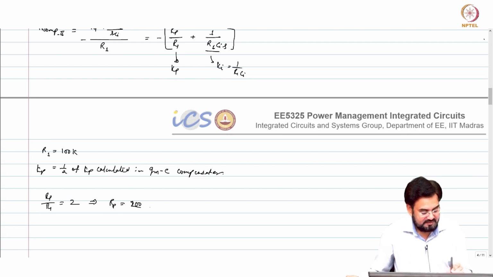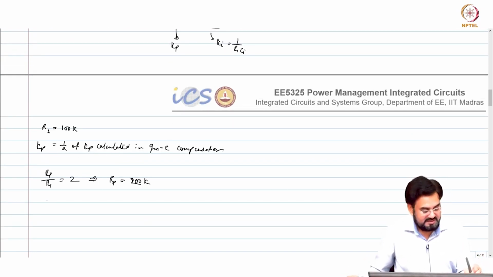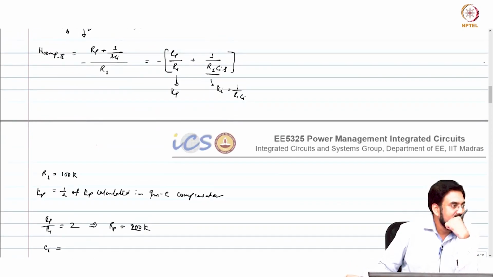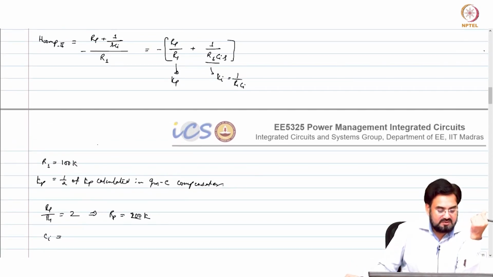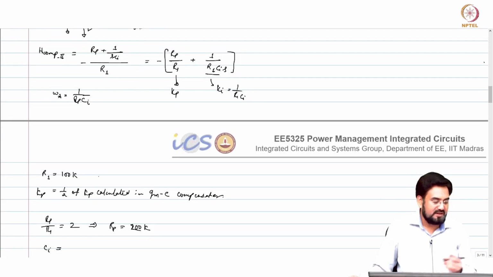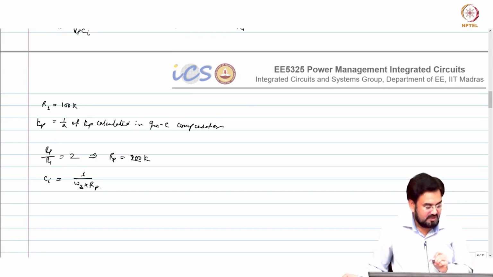R1 is known, 100K, so RP equals how much? 200K. Any confusion? What is Ci? You know the location of the zero. What was the location of the zero? Omega naught by 2. And omega z is 1 over RPCI. So from here you can calculate; RP you have already calculated. So what is Ci? 1 over omega z into RP.